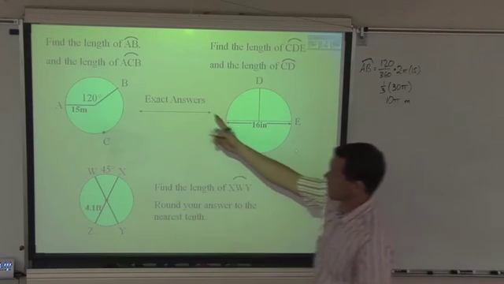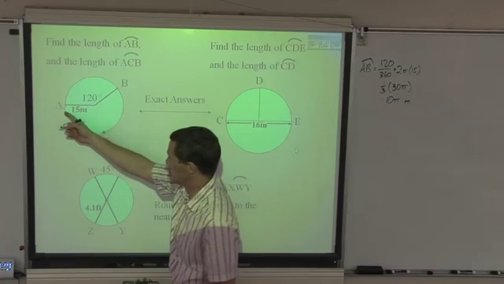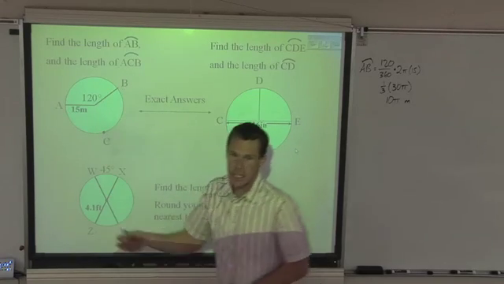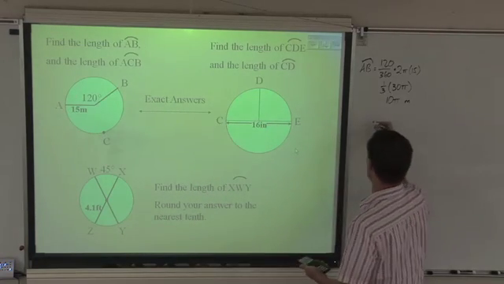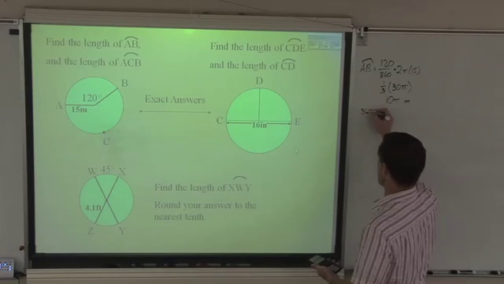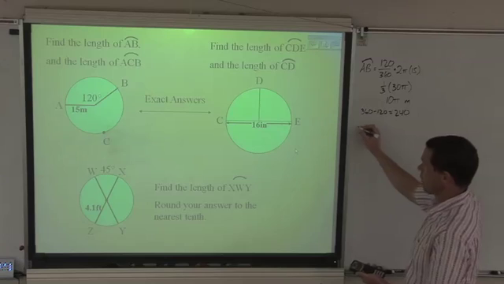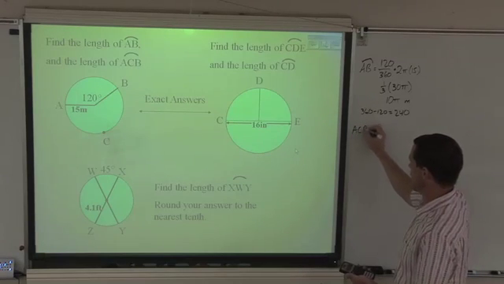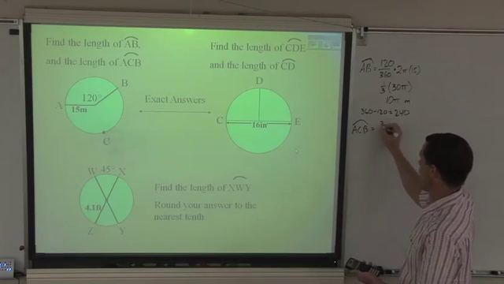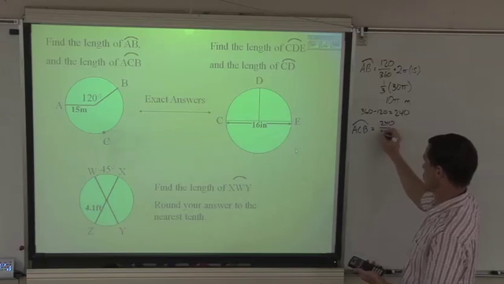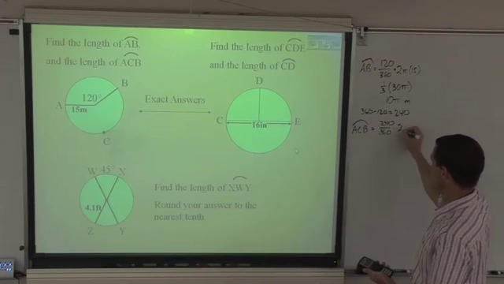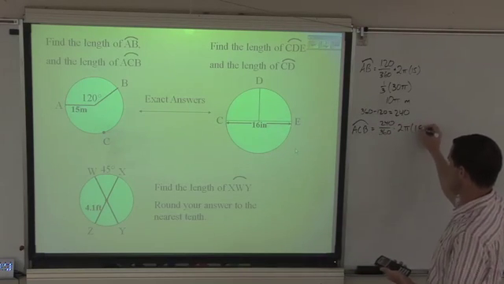Now, if it says find the arc length of ACB, which is the major arc, that would be the rest of the fraction. So 360 minus 120 is 240. So if I want ACB, I've simply got 240 over 360 times 2 pi times 15.